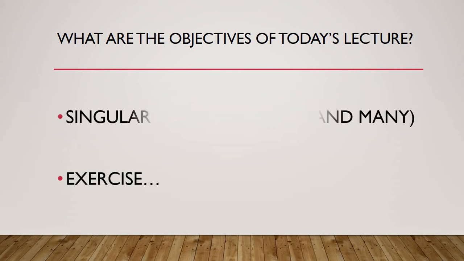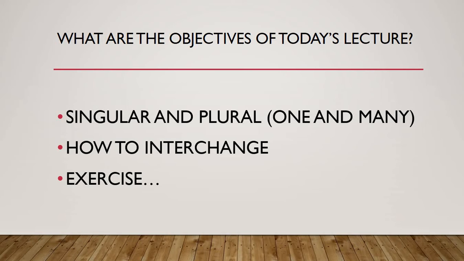First, we are going to do singular and plural, that means one and many, which is written in your book, chapter number 3, the grammar chapter. Then we will see how to interchange from singular to plural and from plural to singular, and then the exercise related to it.